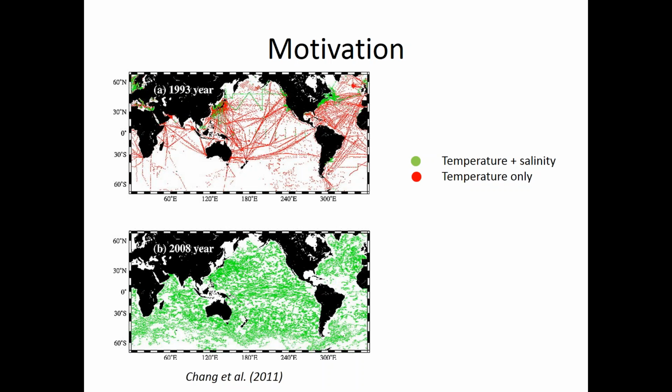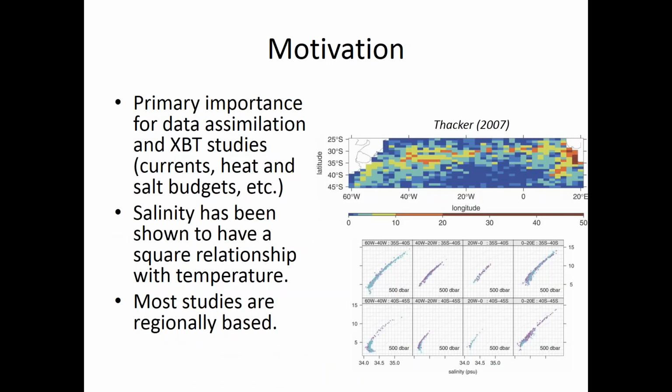salinity in the 90s had bad coverage, especially in the whole Southern Hemisphere. And nowadays we have good coverage, and it brings the idea of how we can overcome this lack of observations, especially in time.